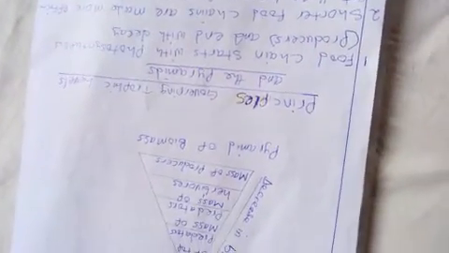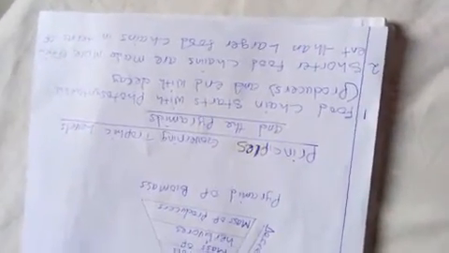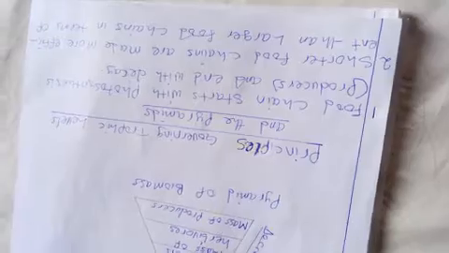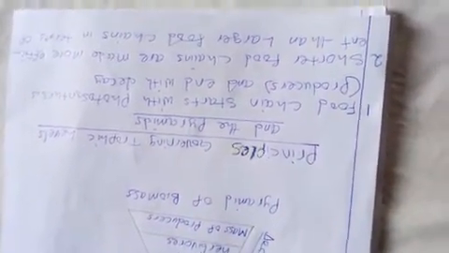Now, let's look at some principles governing trophic levels and the pyramid. One of the principles is that a food chain starts with photosynthesis. It always starts with photosynthesis, that's producers, and ends with decay, that's decomposers.